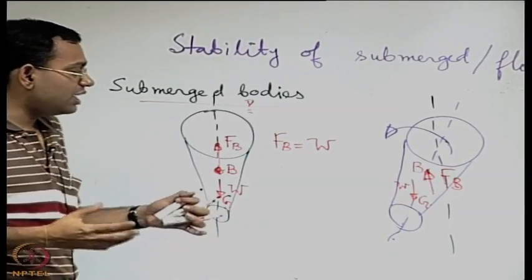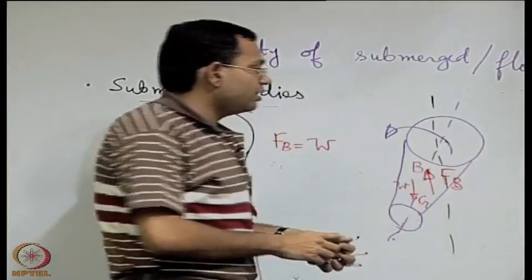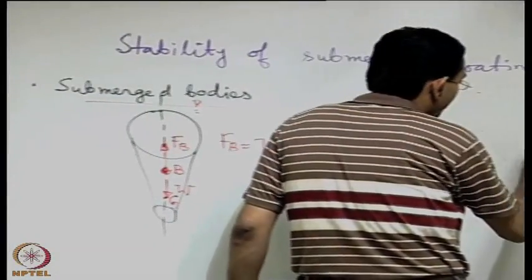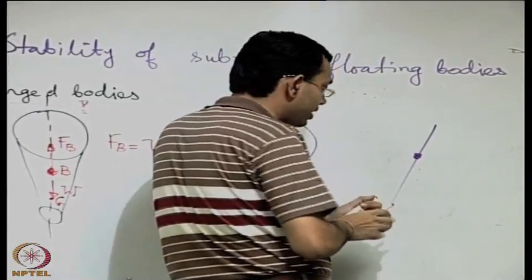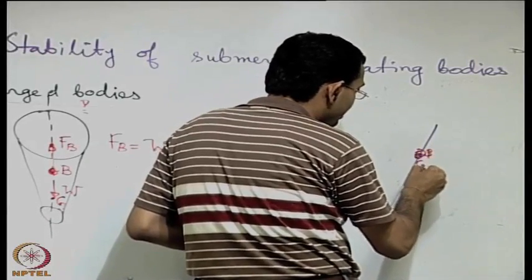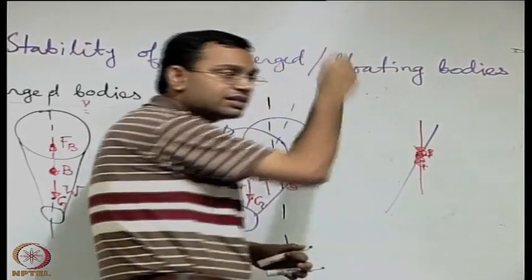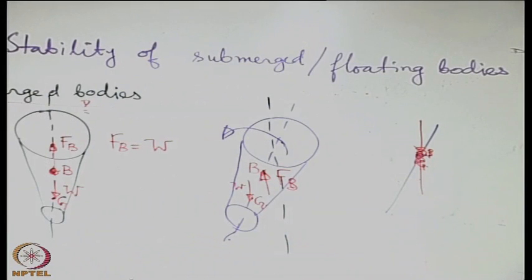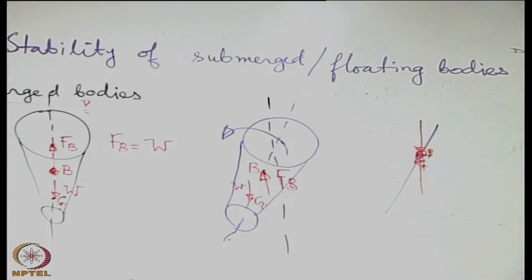Say you have an arrangement where this is B and the same point is G. Whatever is the weight and the buoyancy, they are always acting along the same line, no matter whether it is tilted or not. So wherever it is tilted, it will locally attain equilibrium.